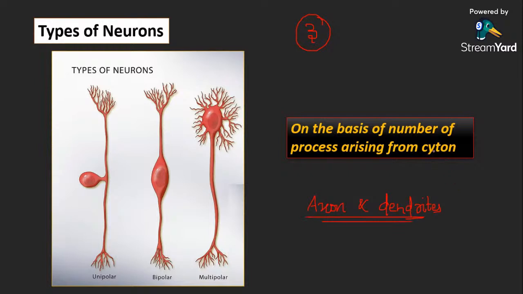So based upon the number, you can classify the neurons into three types: unipolar, bipolar, and multipolar. Clear?